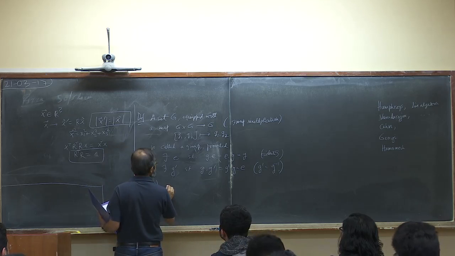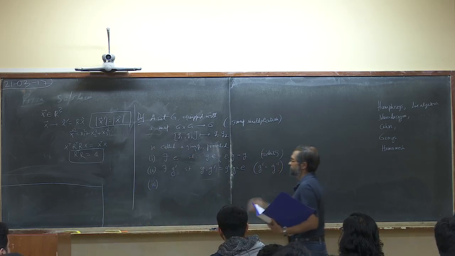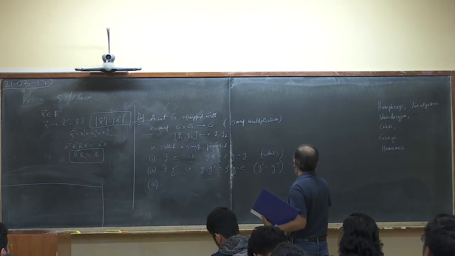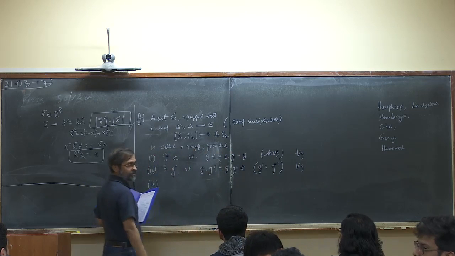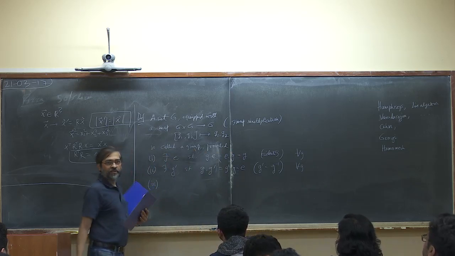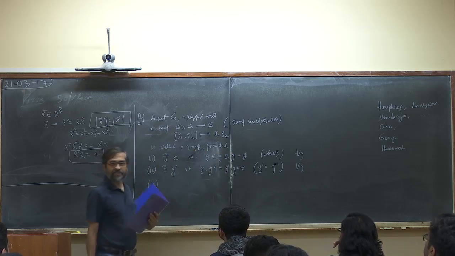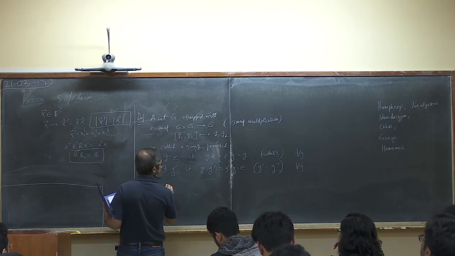So that is to say, for all G. This symbol, the turned around capital E, is called there exists.